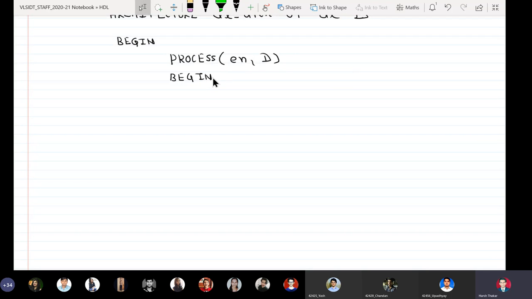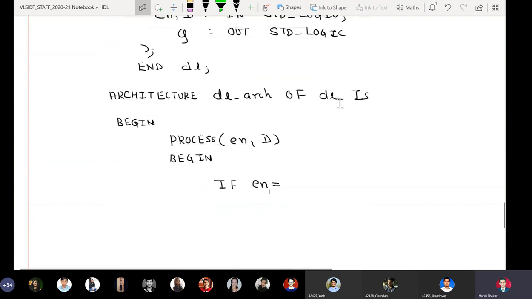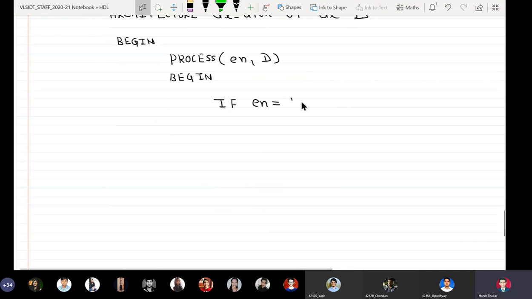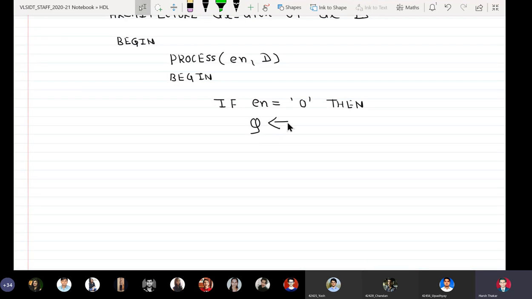And as I told you, we can use the if then else clause embedded within the concurrent clause. So I will say that if EN equal to zero, then it is active, so Q is assigned Q. And I will say else.